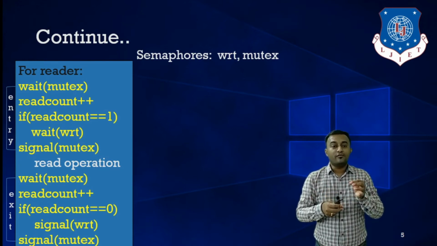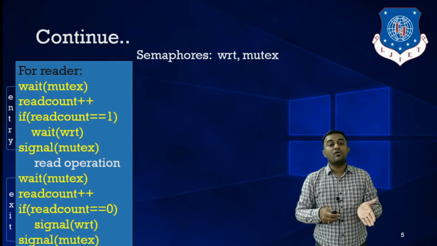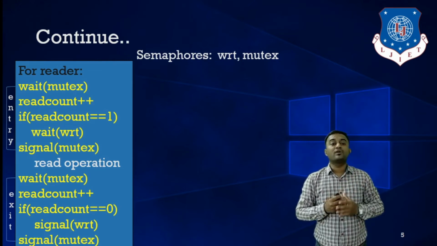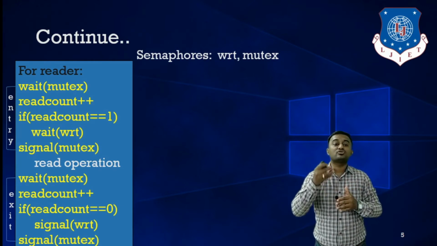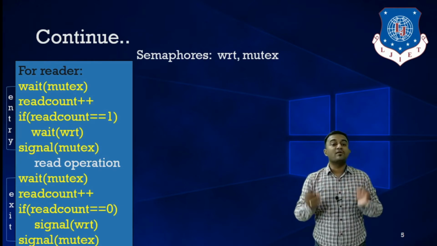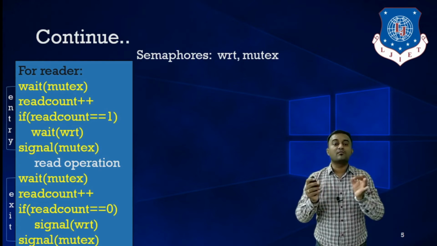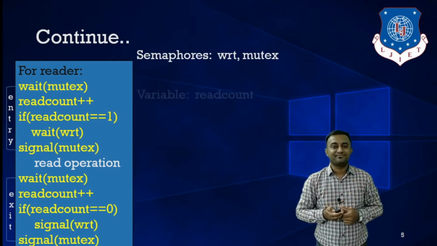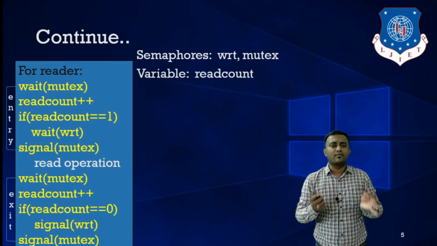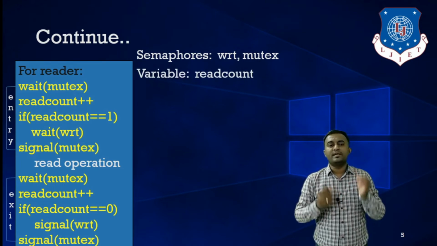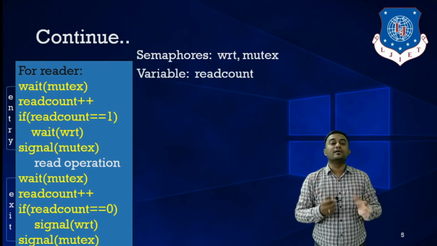So if multiple processes have already entered into a critical section, then for synchronization between those readers, we need to have one semaphore, which is nothing but mutex in this case. Now one more variable we need to use, a simple variable which maintains the count of readers.